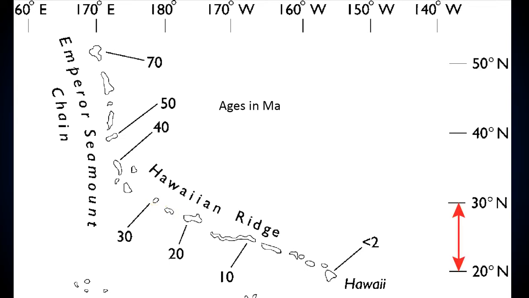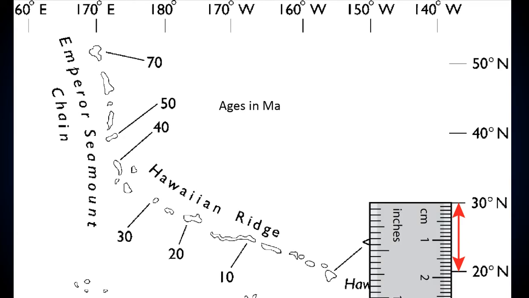This slide gives you a hint about where to make a measurement so you can make a map scale correction ratio. This is the same thing you did in the first part of this activity. Note, this is 10 degrees in real-world distance. In this example, I measure 18.5 millimeters.